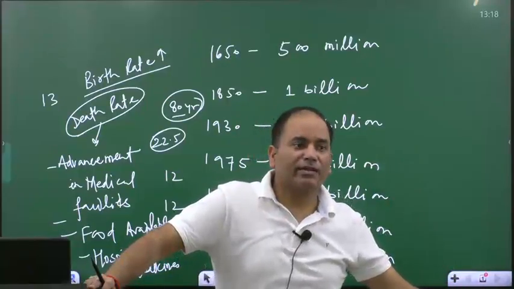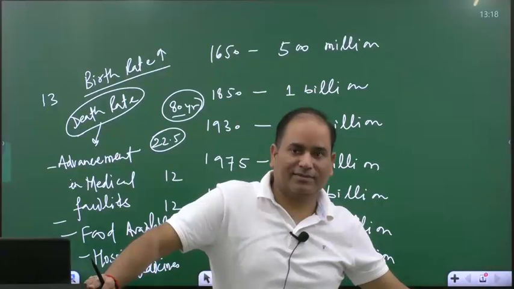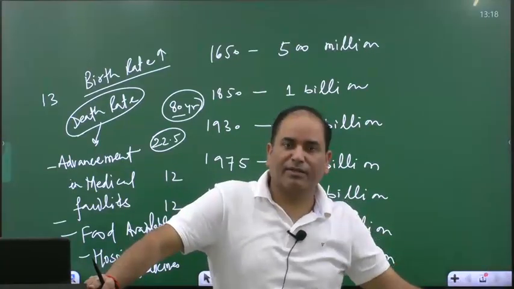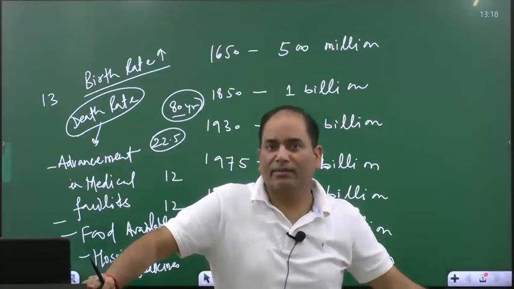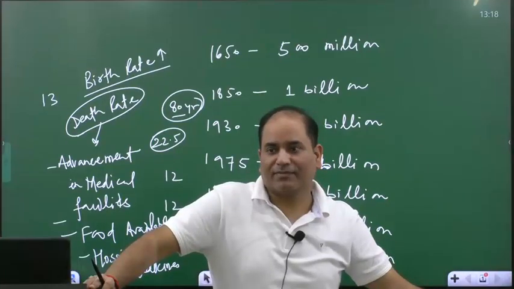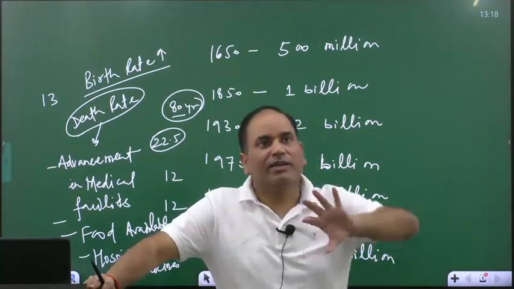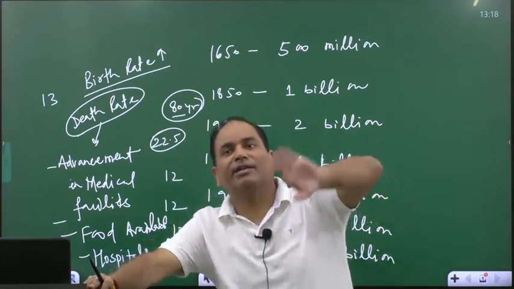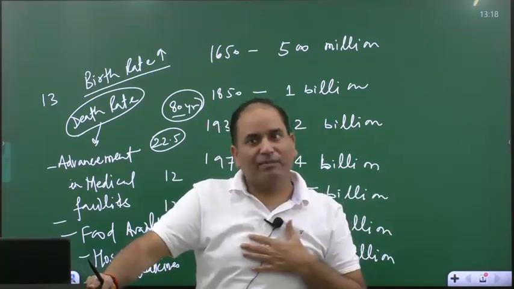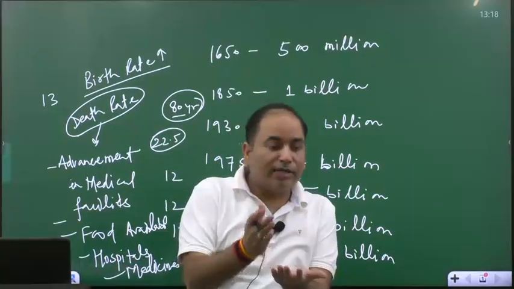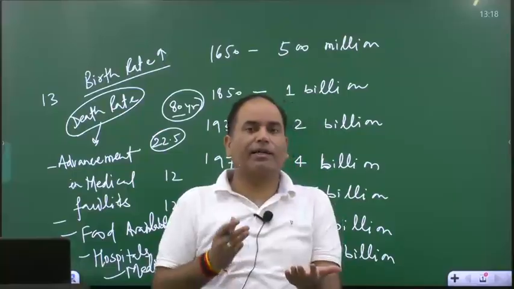So what will people's tendency be? More and more children. That is why when you hear that in that time period someone was having 10 children, you wonder how it is possible. But you need to understand why they were having that large number of children.